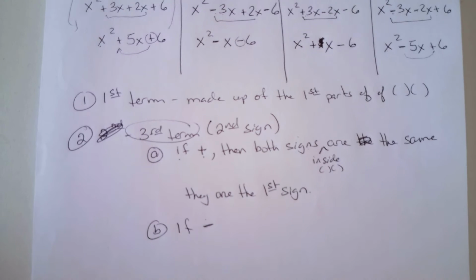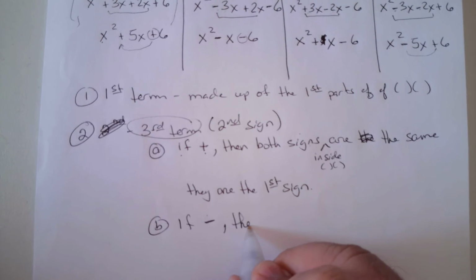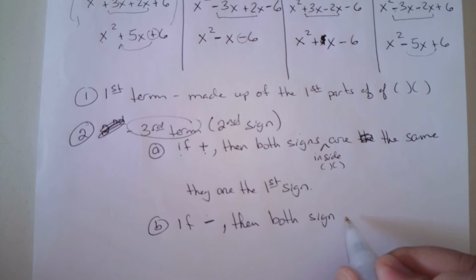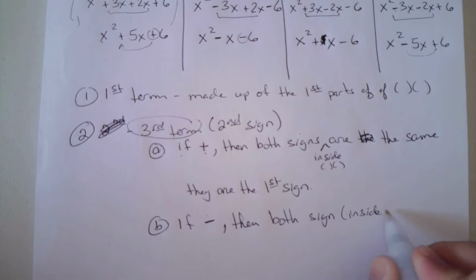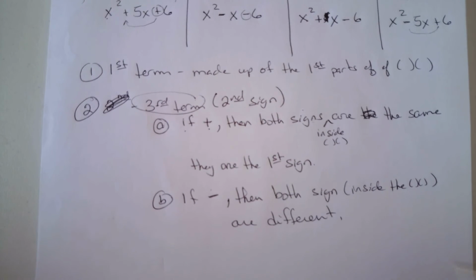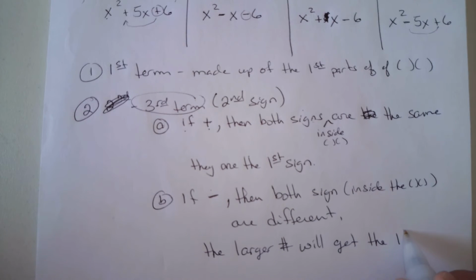This is B. If the second sign is a minus, then both signs inside the parentheses are different. The larger number will get the first sign.